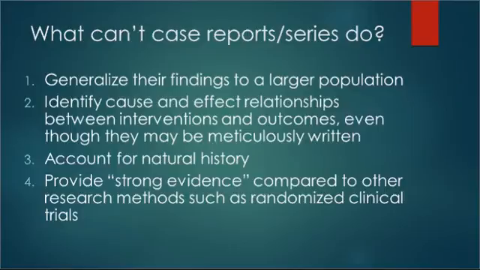In other words, what happens with one individual might not happen with anyone else. It might just be a fluke, or perhaps the clinician was biased in the way that he or she wrote the article. Case reports and case series don't identify cause and effect relationships.